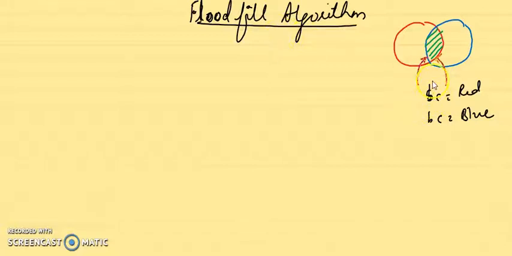Now the problem is when I'm going to check the pixel with the boundary color, it fails. So the idea in flood fill is to not check my old color with the boundary color, right? So simple. What I am going to do is make an object here with the red color boundary.